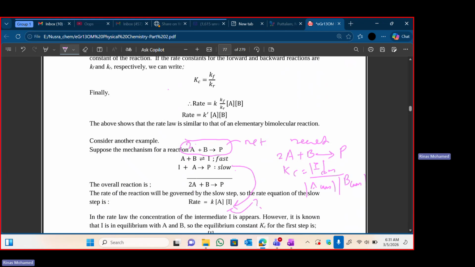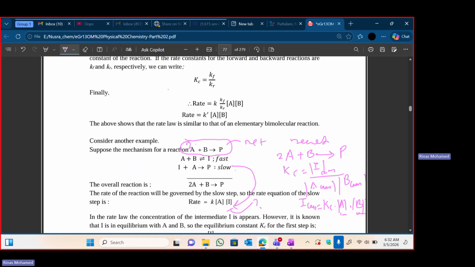Right. Then instead of the intermediate's concentration, I can replace it with Kc into A's concentration multiplied by B's concentration.